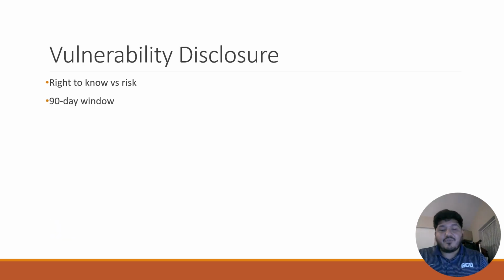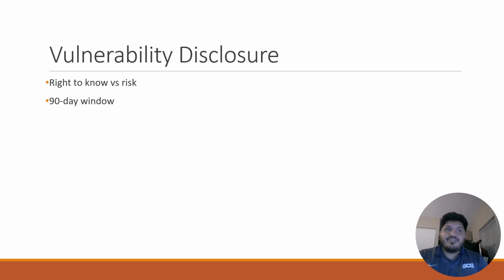And as we look at vulnerability disclosure, we see that we have a difference in opinions in some areas. Typically, we want to make sure that we aren't disclosing information too soon, especially if that risk has a lot of weight to it to be exposed and not patched yet.